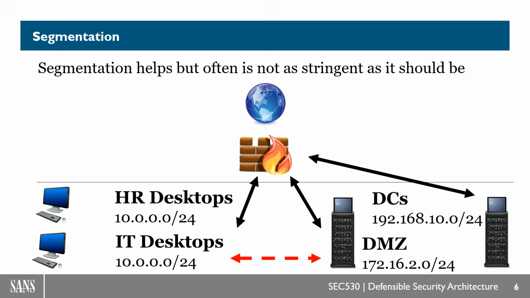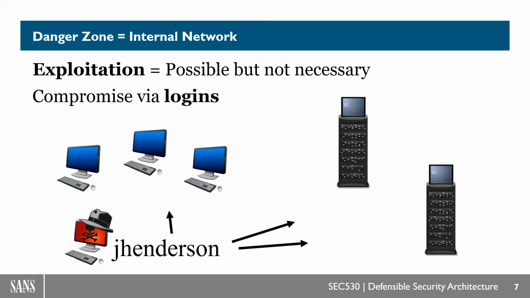And one of my favorite things to point out is that today in 2018, when someone's on the inside attacking your network and they're pivoting between VLANs and zones, the attacks they're running often are not exploits. It's not exploitation, it's logons. It's the concept of credential theft and reuse.